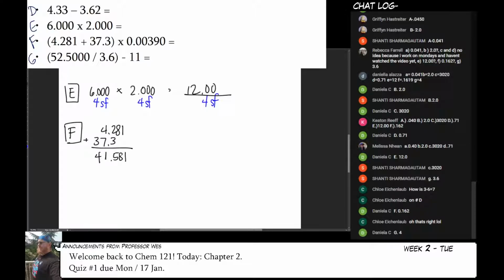So if I do my addition here, and then I check for where I'm going to round my answer to, these places don't work. This one's good, though. So my addition rounds to the 10th place, because that's the first spot where I see a sig fig in each value. So this is the result that I would get for the addition part.